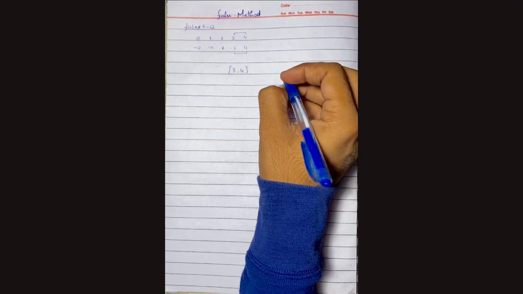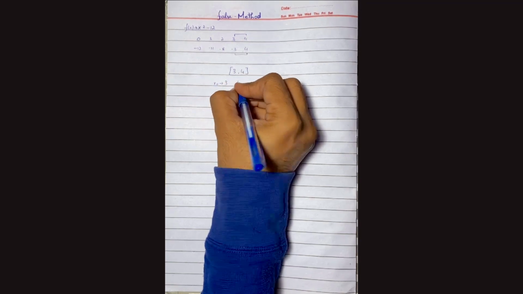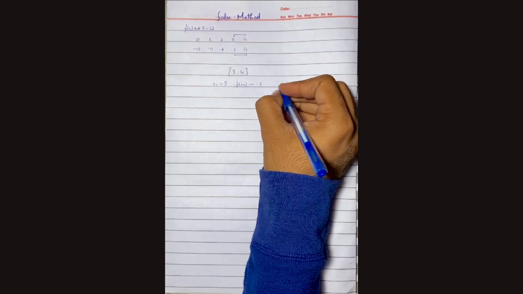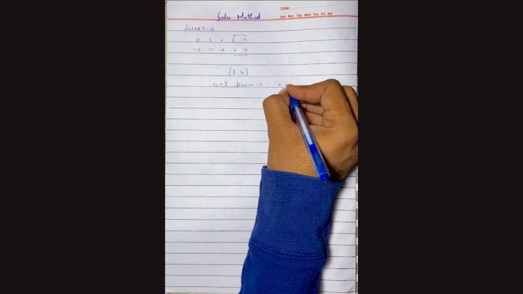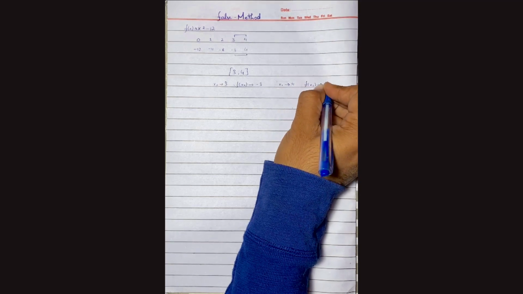Let's take 3 as x naught, and f of x naught is minus 3, and consider x1 as 4, and f of x1 is 4.